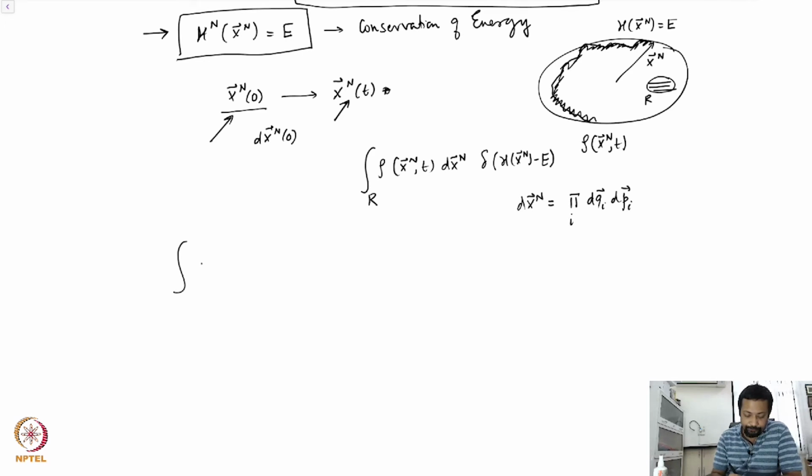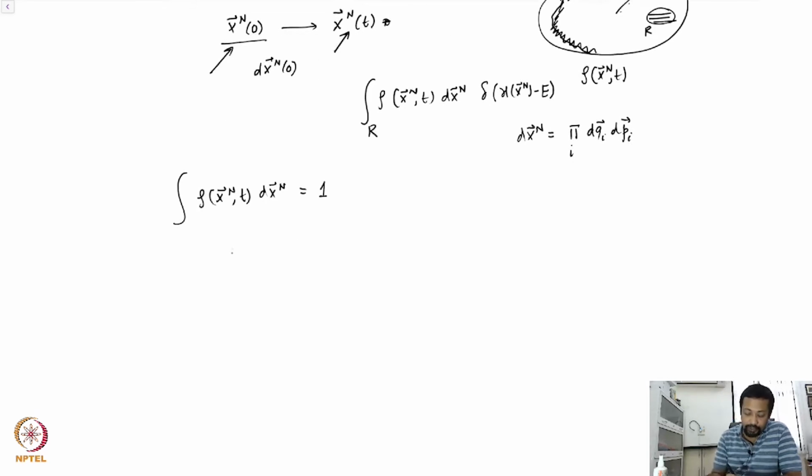So of course, rho of xn comma t dxn, if you allow all values of energy that start from 0 less than or equal to E, then this is going to be normalized, this is going to be 1. And as we said, the probability of finding the system in a region is rho of xn comma t dxn.